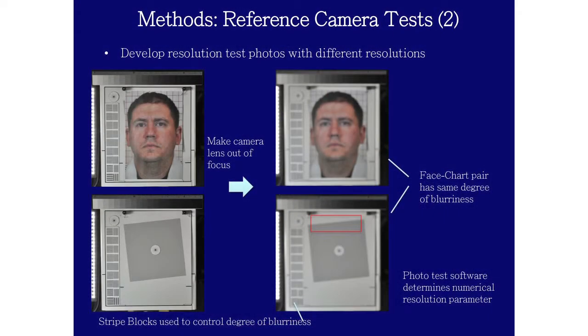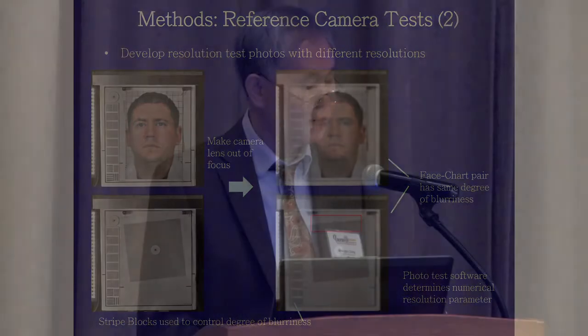So whenever the evaluator votes for a certain resolution, we can use this photo chart to convert the voting into a numerical resolution. That is a line width per picture height.